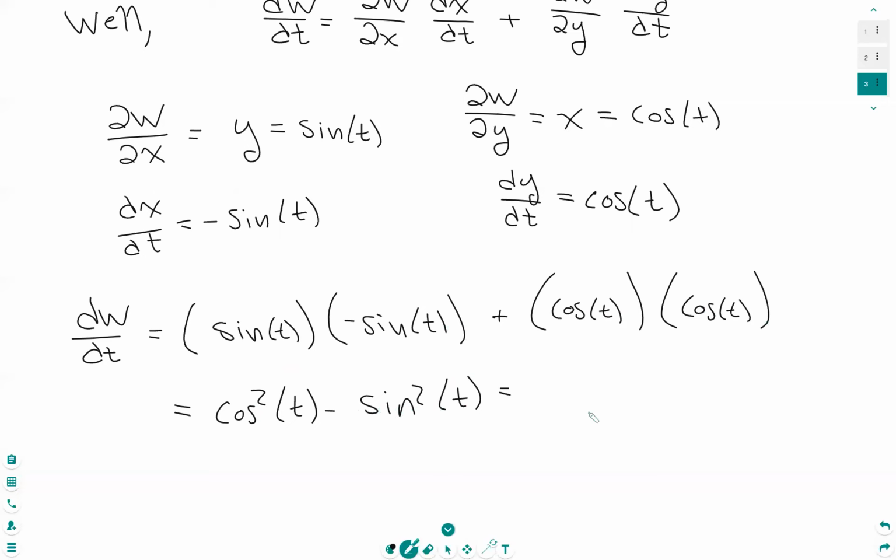There's a nifty little trig identity for this. This is just equal to cosine of 2t.